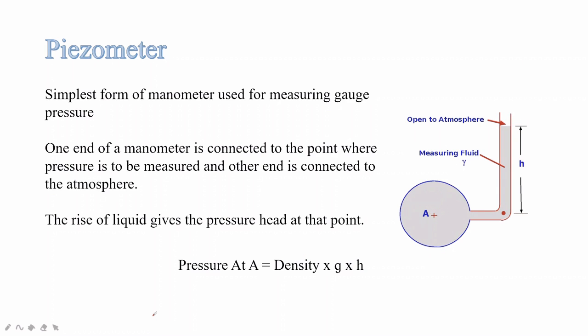Next, the unit: the same unit of Newton per meter square. Units are very important, so don't forget to write them. Here it's okay, but during problems you should have a habit of writing the units so that you will not lose marks.